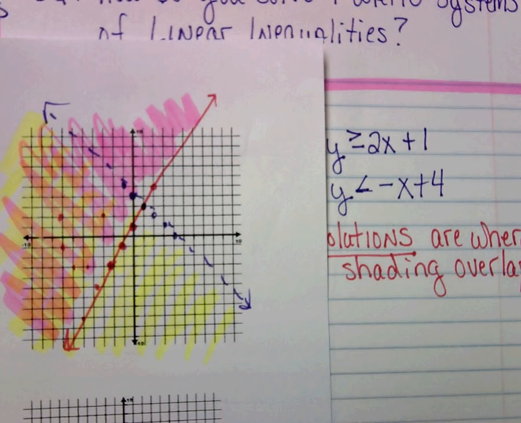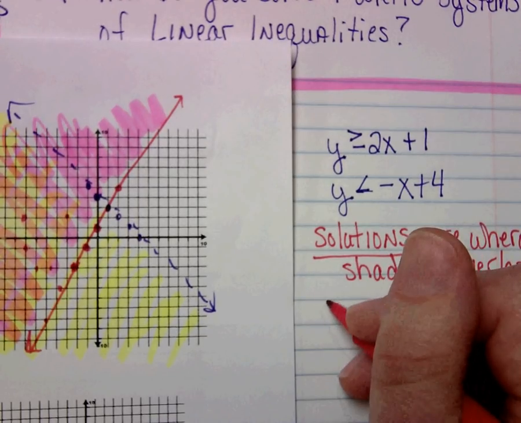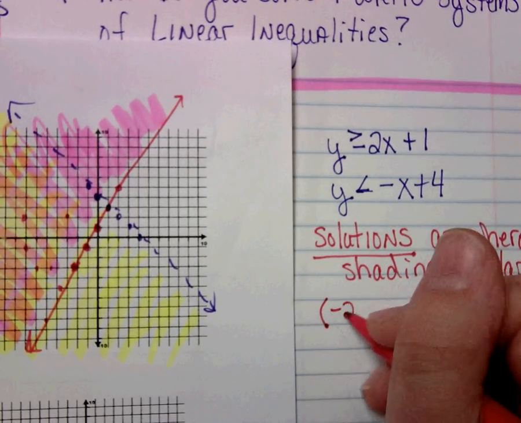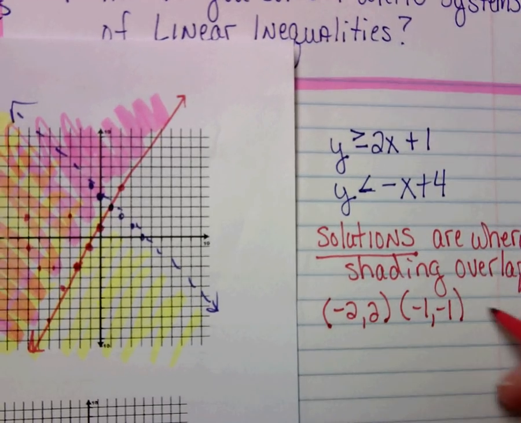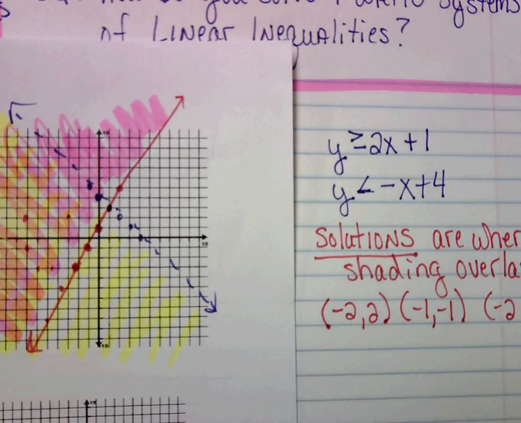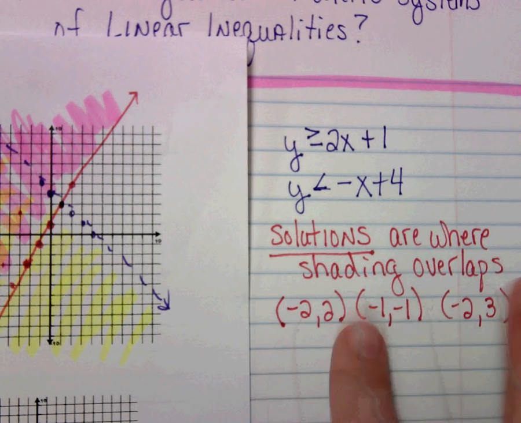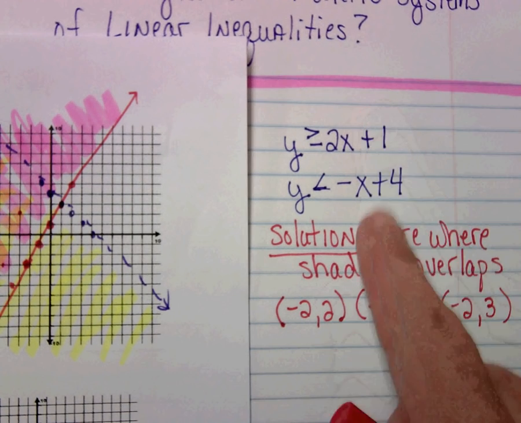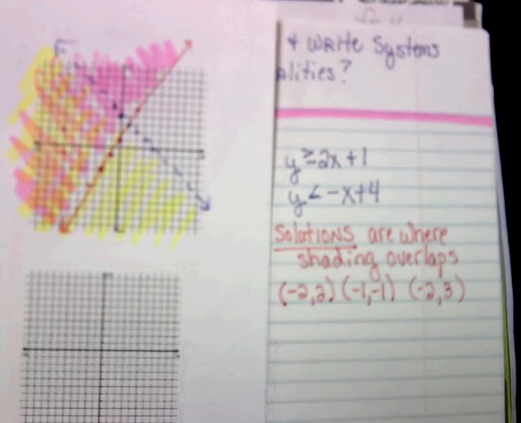Possible solutions might be (-2, 2), (-1, -1), (-2, 3). There's an endless possibility. We could always check each of these solutions by plugging them back into both inequalities and seeing if it made them true. Okay, let's look at the next one.